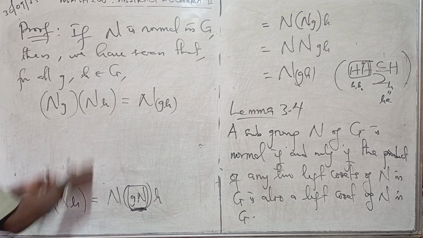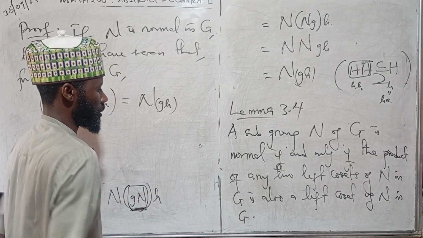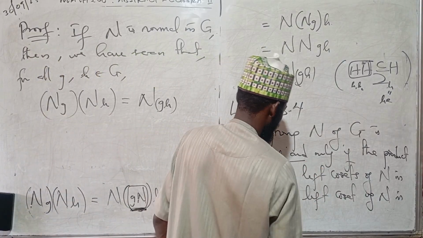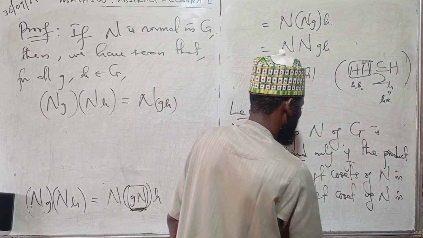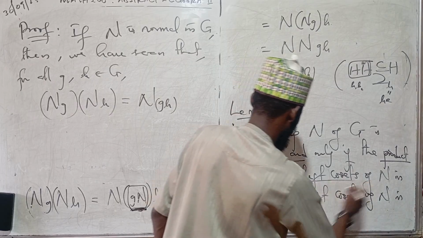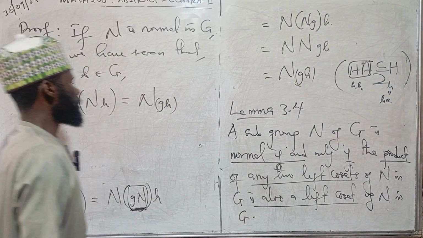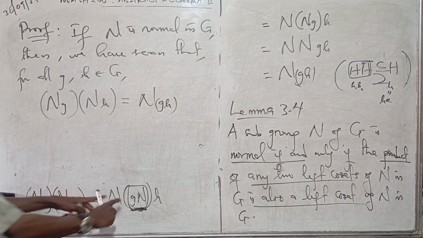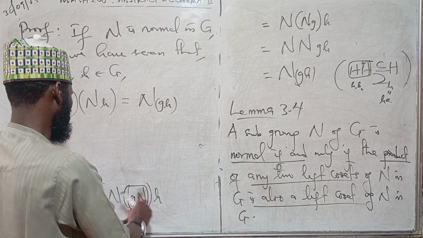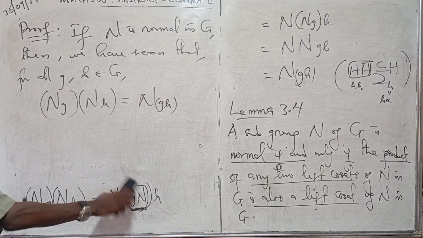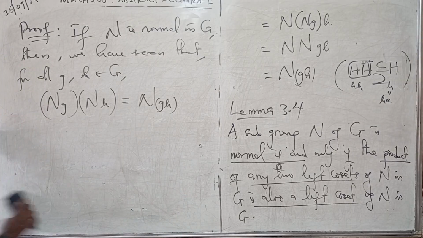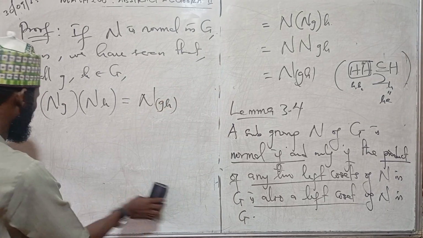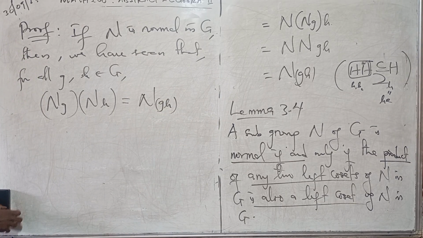So the product of two left cosets is a left coset. So if N is normal, then the product of any two left cosets is also a left coset. We have proved that. This is what we have demonstrated, and it uses the fact that N is normal. That is where we get to replace left coset with right coset, or right coset with left coset.